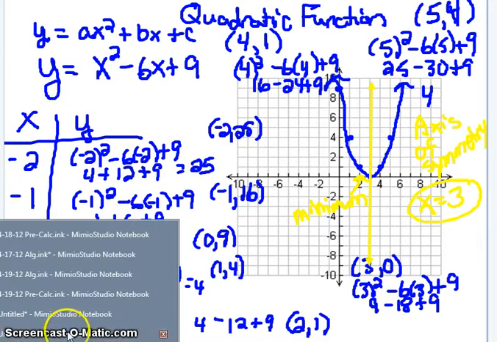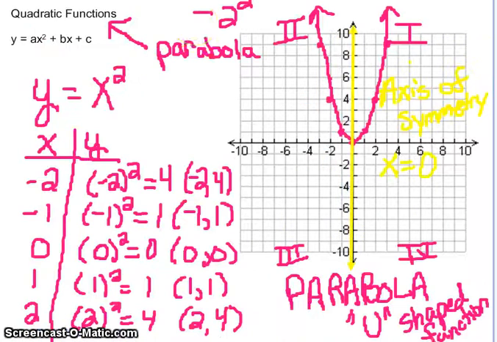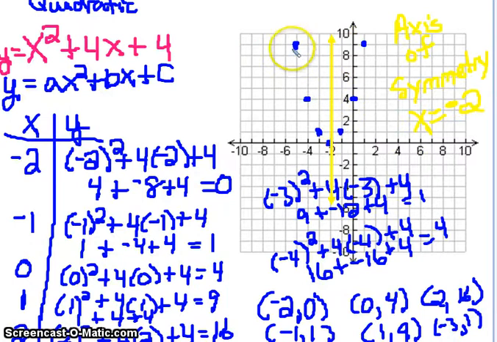I'm going to pull up the notes from today in class. Looking all the way back to the beginning, our very first parabola once again has a minimum. It's a lowest point, minimum. Second parabola we did, once again, minimum.